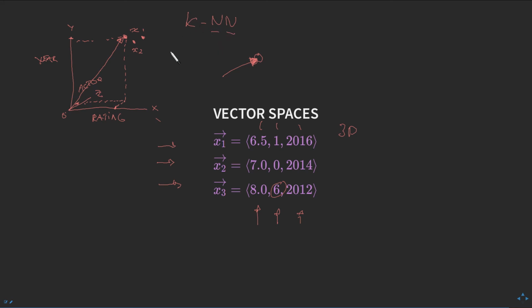Now k is a parameter that ranges from whatever you want. It can be k is 1, it can be k is 5, it can be k is 10, and k determines how many neighbors the algorithm uses to determine a label.